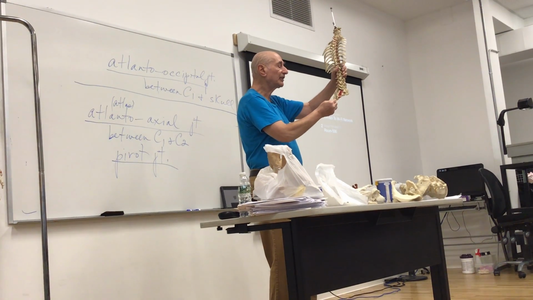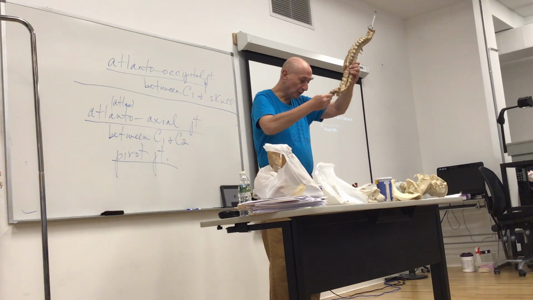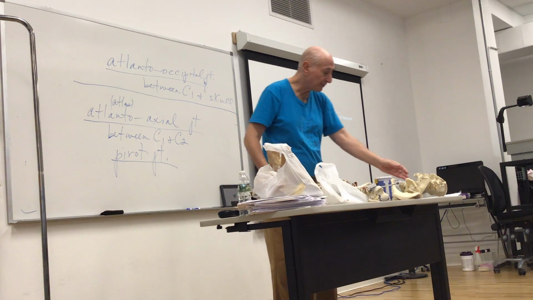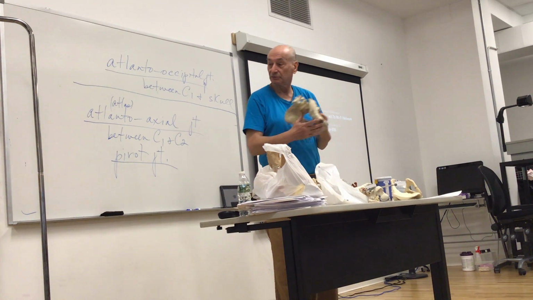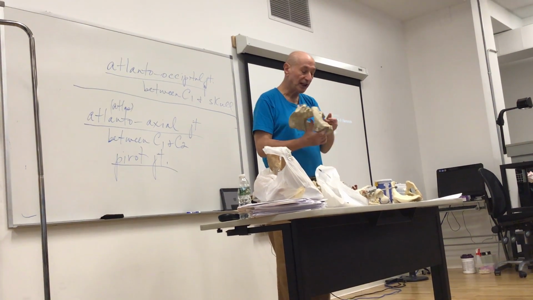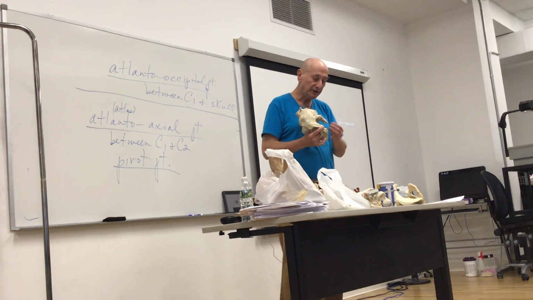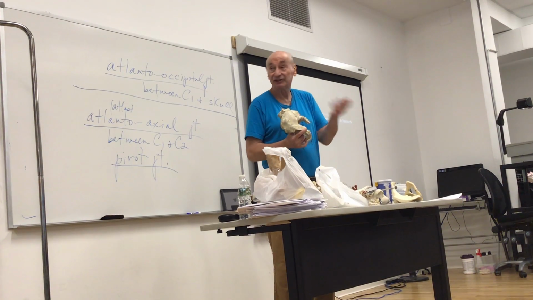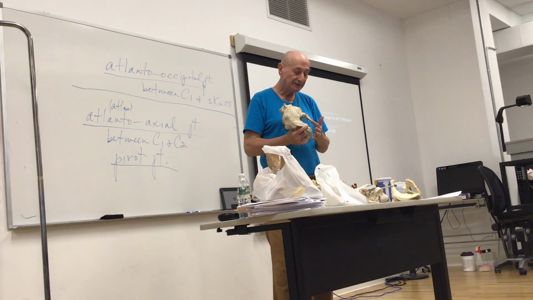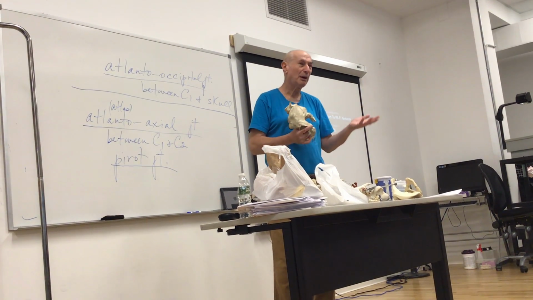And the coccyx articulates with the sacrum only, at the sacrococcygeal joint. In case they ask, what's the name of the joint between the sacrum and coccyx? It's like atlanto-occipital, named sacrococcygeal, but we probably don't ask that.